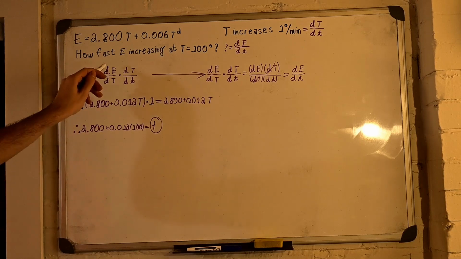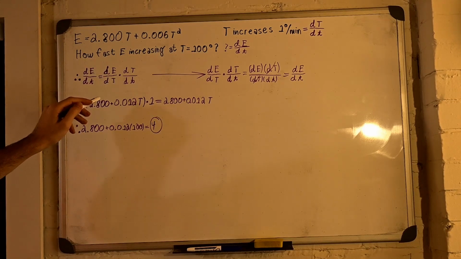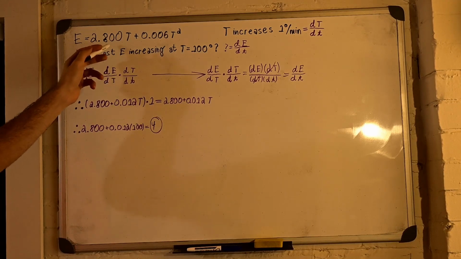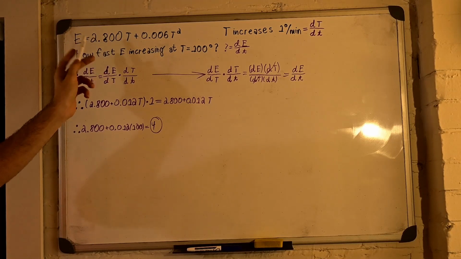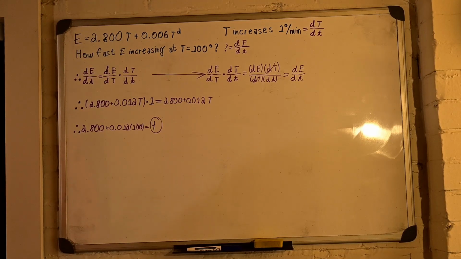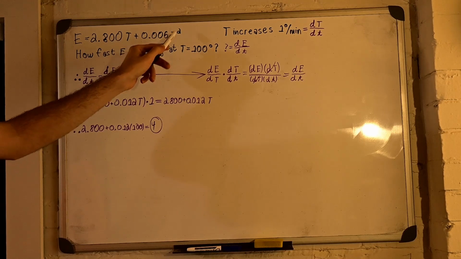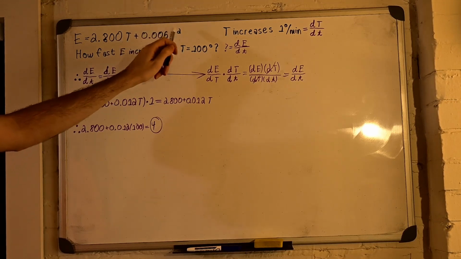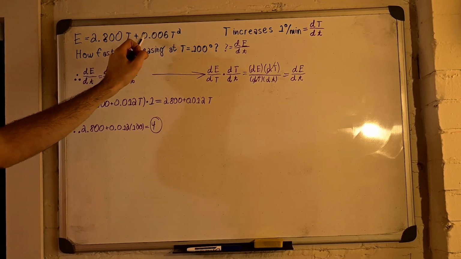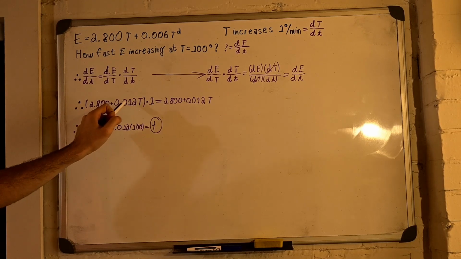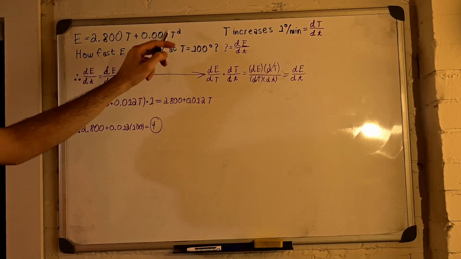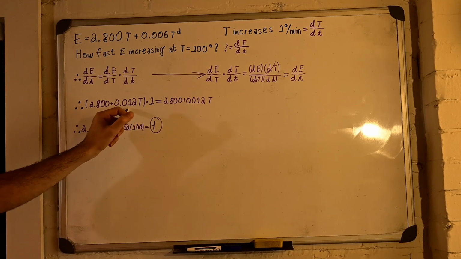First we find the derivative of E with respect to temperature. That's very straightforward: 2.800 T, the derivative is just 2.800. And then 0.006 T squared, that's just the power rule, so bring the 2 down, and you get 0.012 T, because 0.006 times 2 is 0.012 T.